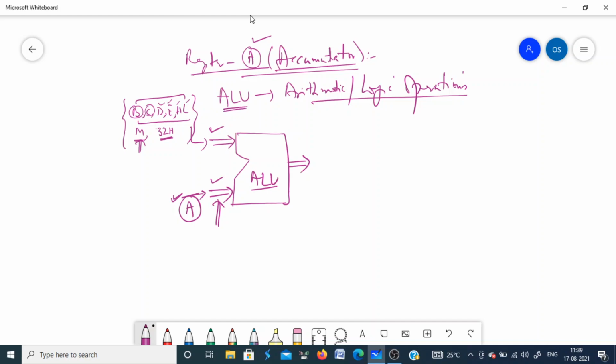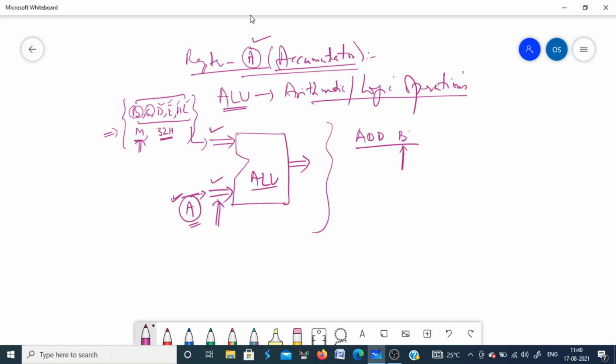Whenever you perform any arithmetic operation, the operation is performed between A and some other 8-bit number stored in registers or memory, or immediate 8-bit data, and the result is finally stored in accumulator A as well. So if you write the instruction, suppose ADD B, we have specified just one operand, that is B. It means one number is in register B. Where is the second number?